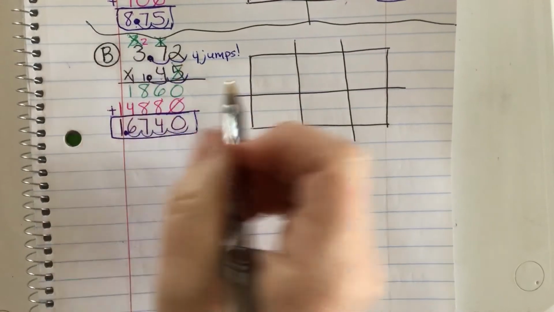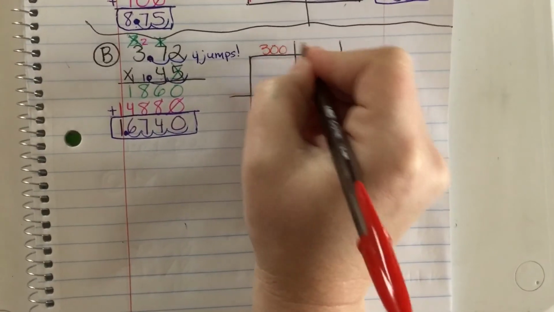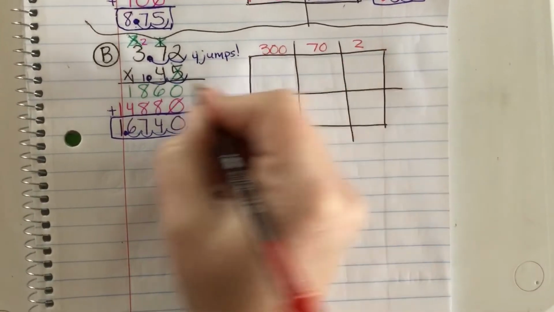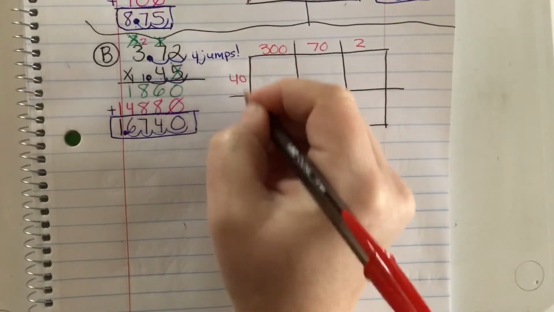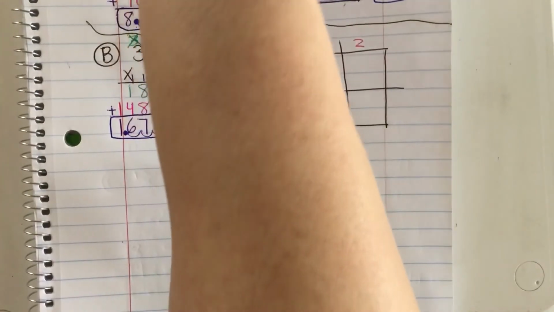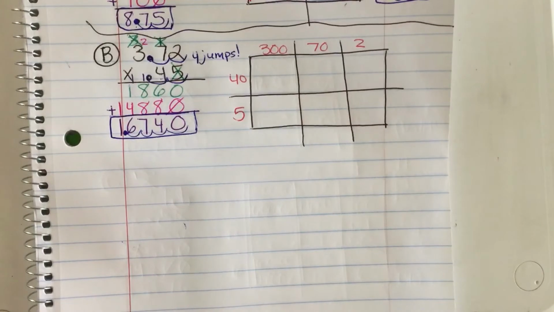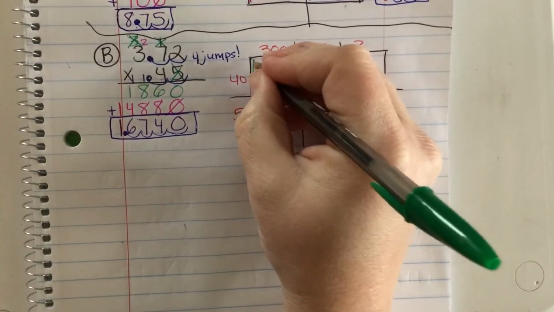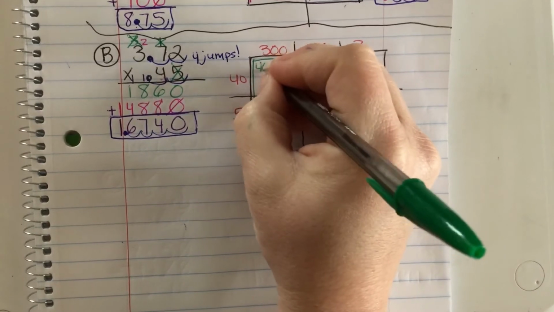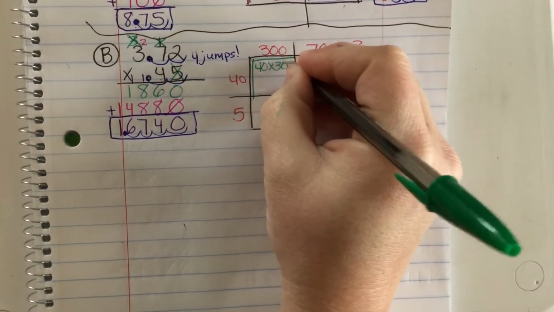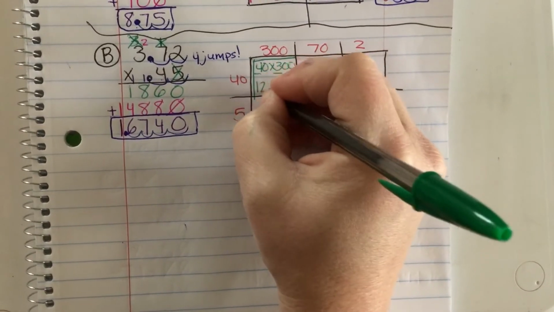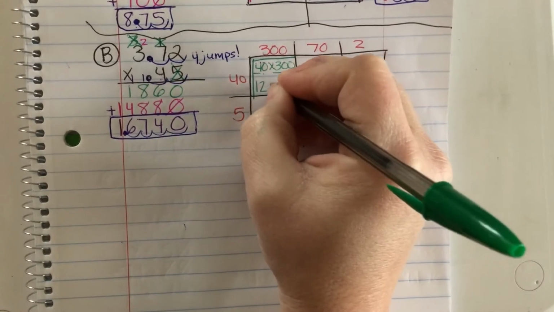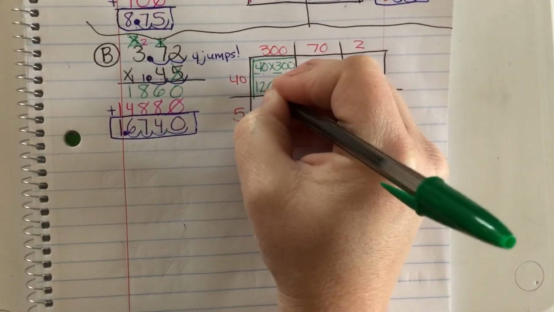So 372, 45. And then we multiply. This is going to be my 40 row. So 40 times 300. 4 times 3 is 12. 1, 2, 3 zeros, 1, 2, 3 zeros, so 12,000.